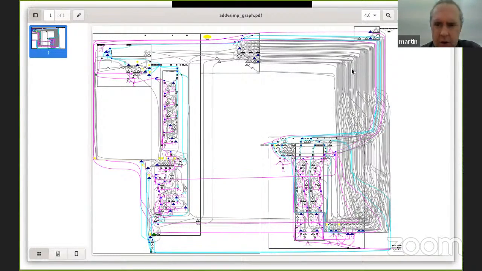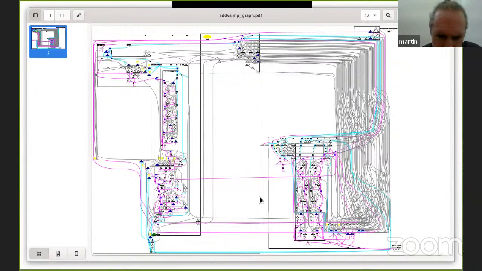And the coloring, these purple lines are the exponent. The blue lines, I think, or the cyan lines are significand.